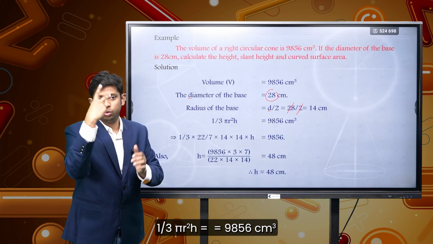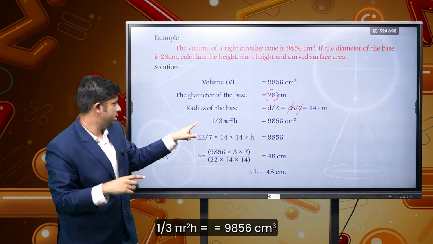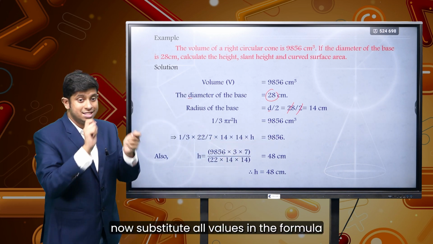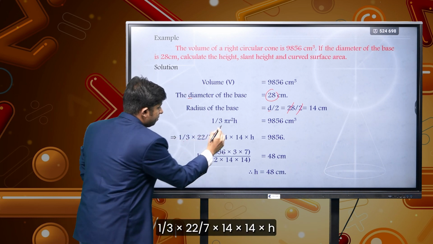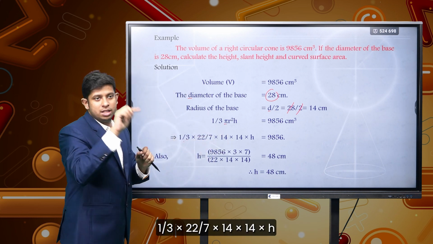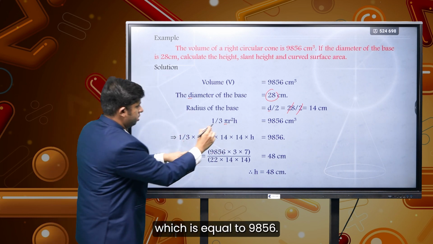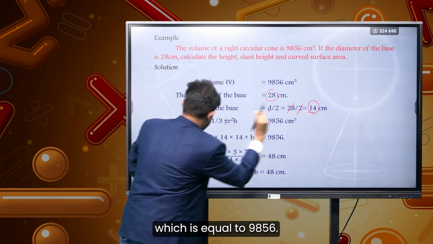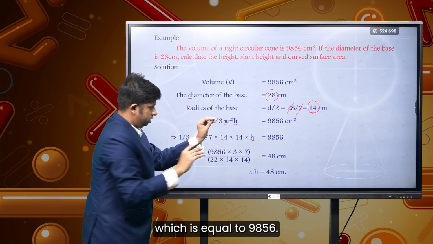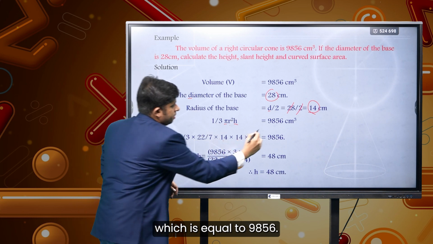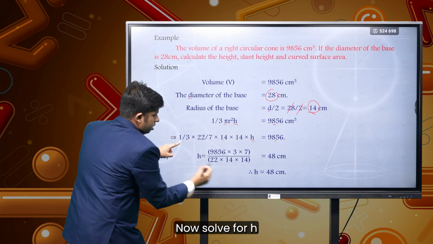1 by 3 pi r square h is equal to 9856 cm3. Now substitute all the values in the formula. That is 1 by 3 into 22 by 7 into 14 into 14 into h, which is equal to 9856. Now solve for h.